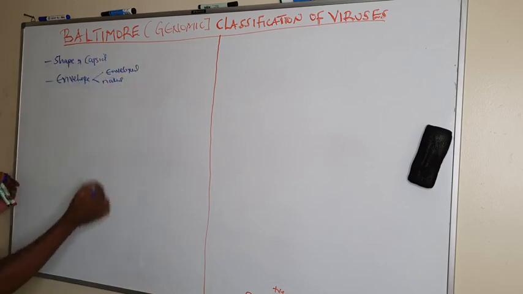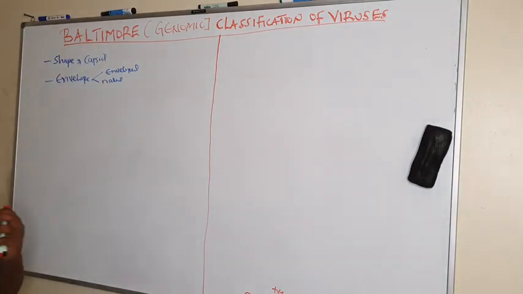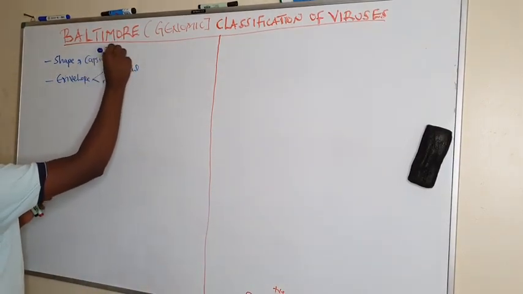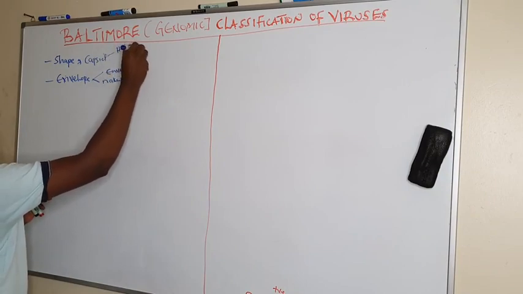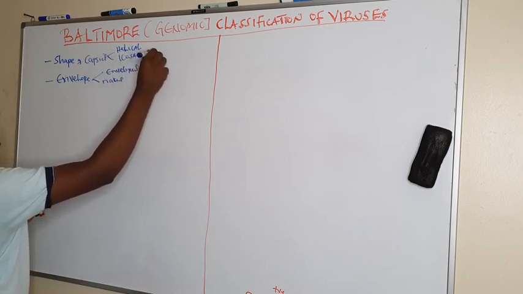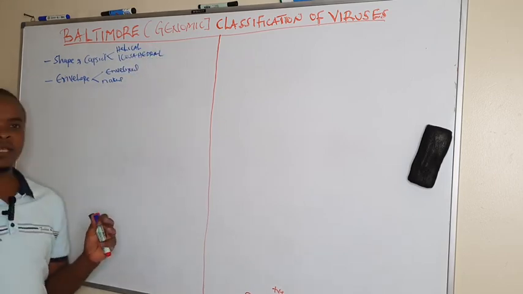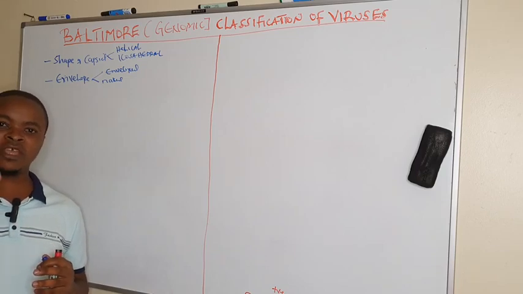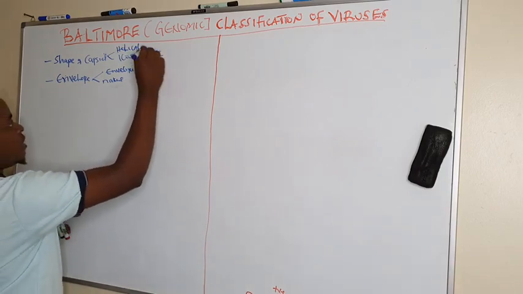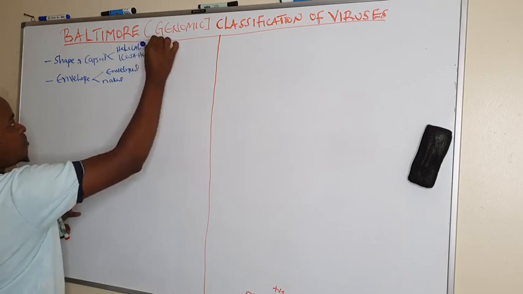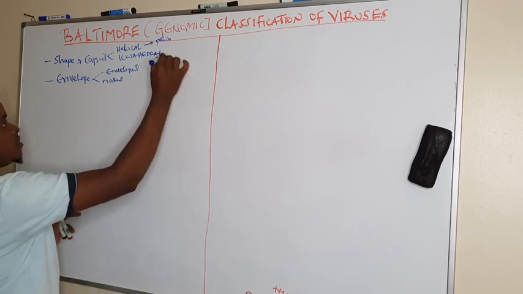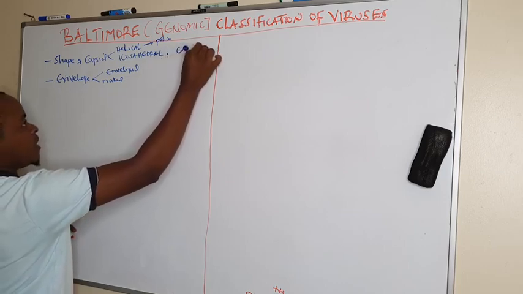Then according to the symmetry of the capsid, which is the protective coat surrounding the genome, it can either be helical or icosahedral. Icosahedral means they are 20-sided with 20 equilateral triangles, whereas under helical, like poliovirus is part of the helical structure. Then others can be complex, like the bacteriophage.